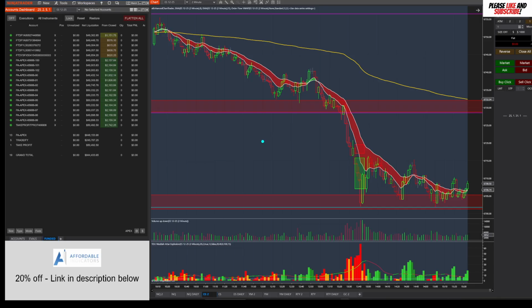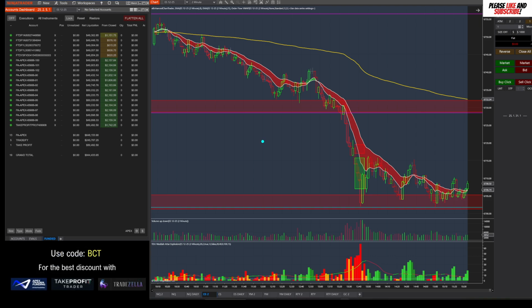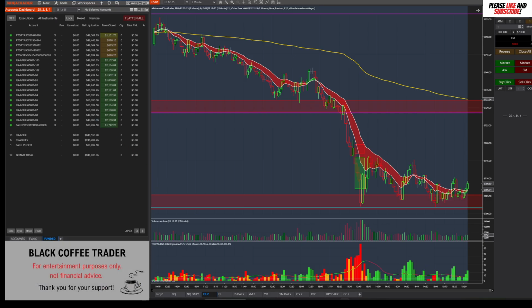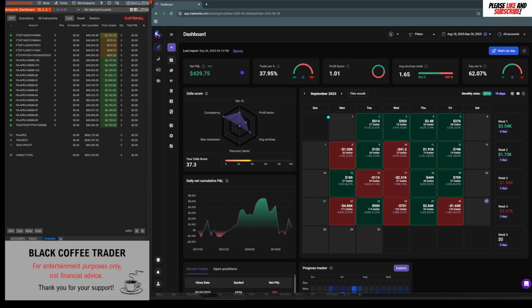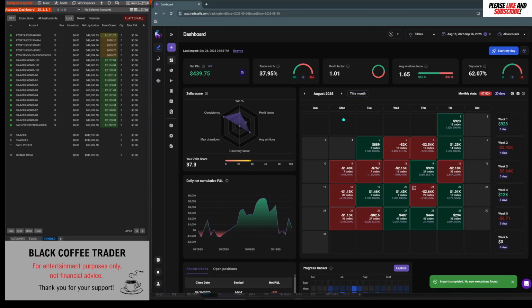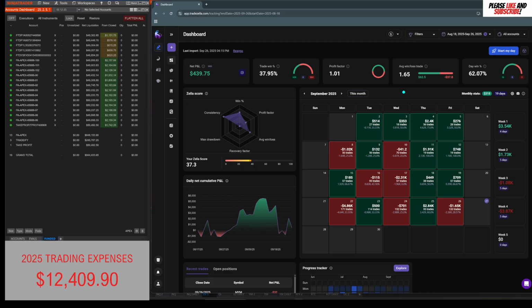Hopefully we have a better week next week, and maybe we can end up with a very nice solid green week, which would be nice. And maybe this is the missing link that I need to consistently get better profits. If you look at TradeZella, I am simply trading break even. Even for this month, let's go to this month, I'm basically trading break even.